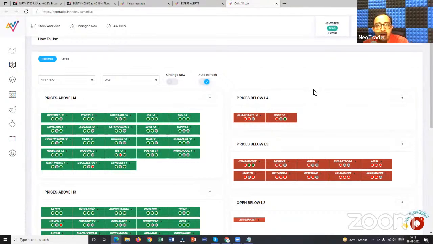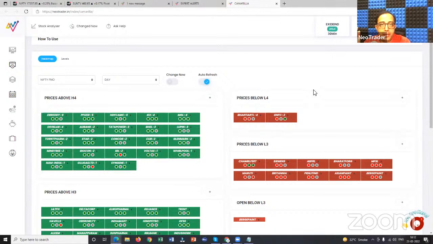The beauty of the Camarilla pivot, every pivot formula has a special USP, is that it takes into account the previous day's close and then calculates the levels. When you identify levels on a Camarilla pivot, you are always able to find certain levels after which there will be a very sharp move.